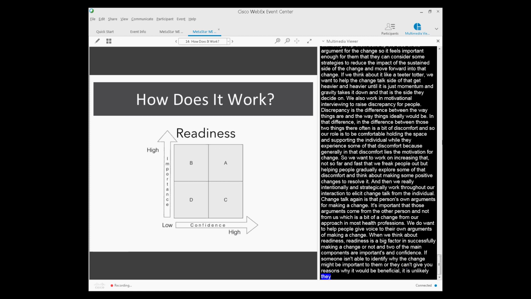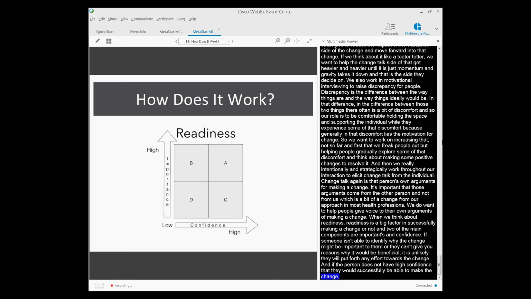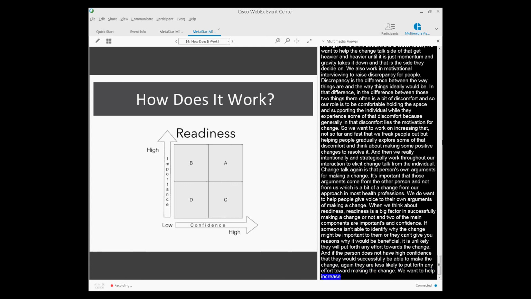And if the person does not have high confidence that they would successfully be able to make that change, again, they're less likely to put forth any effort toward making the change. So we want to help increase both people's importance and their confidence because both of those contribute to readiness.